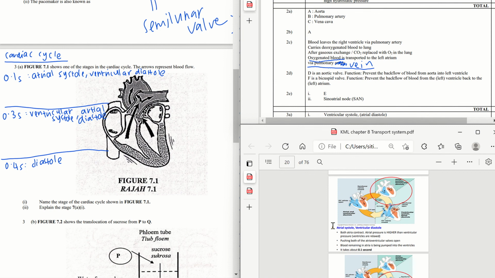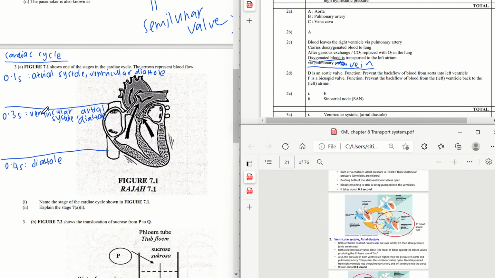Okay, so dekat the first 0.1 second, atria ni systole, dia contract. Systole ni maksudnya contract, diastole relax. Okay, so ventricle relax. Kalau 0.3 second, dekat the next part lah, ventricle pula yang systole.